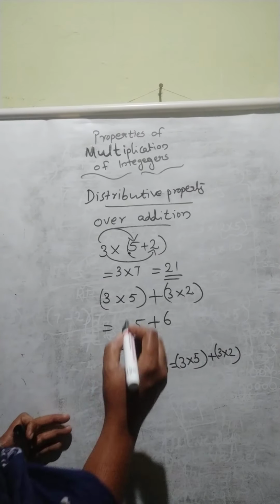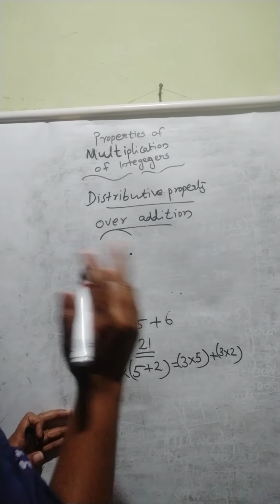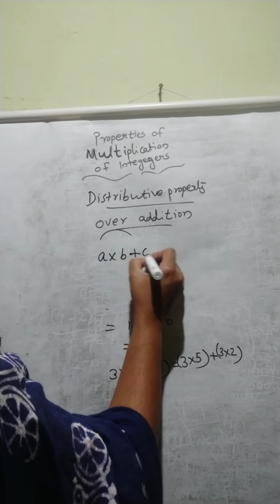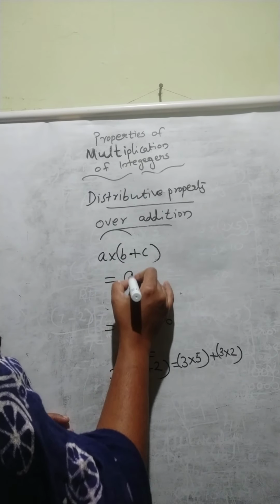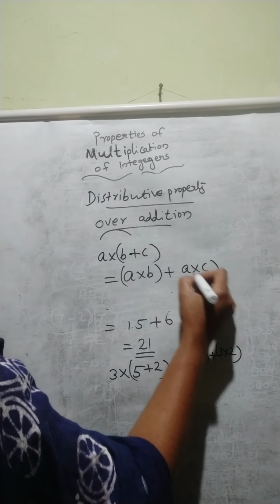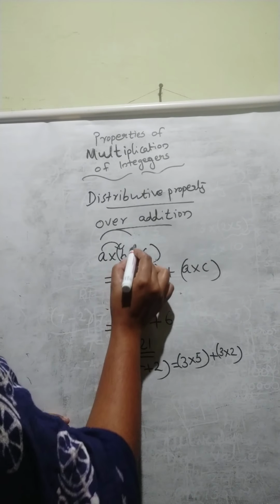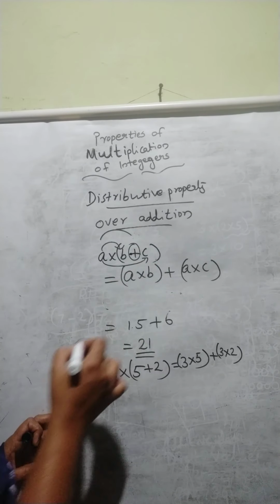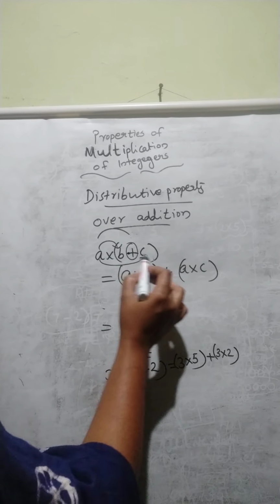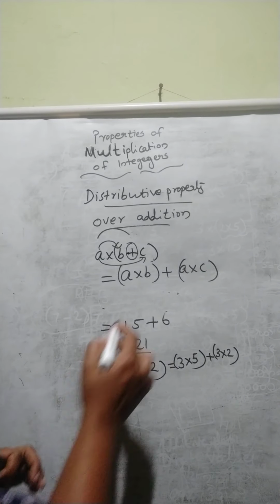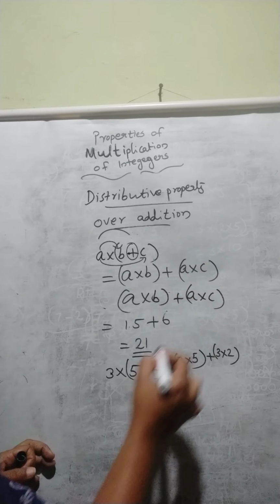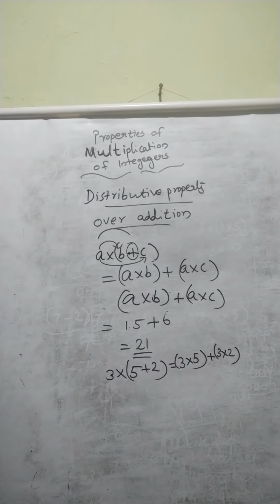So we can say, if A, B, C are any 3 integers, then A times B plus C will be equal to A times B plus A times C. Sorry, A times B plus A times C. Clear? This is the distributive property over addition.